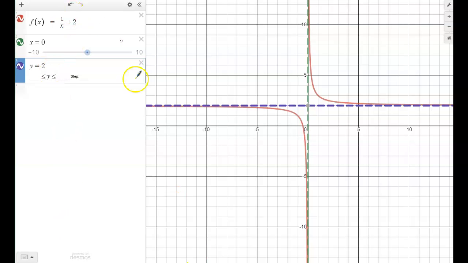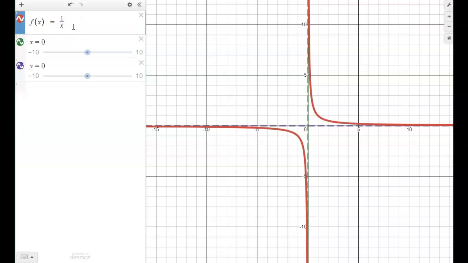So however much you add to your function, that will shift your graph up, and it will change your horizontal asymptote, represented by this purple dotted line, to be whatever that value is. Another thing that you can do is set it back to where it was really quick.